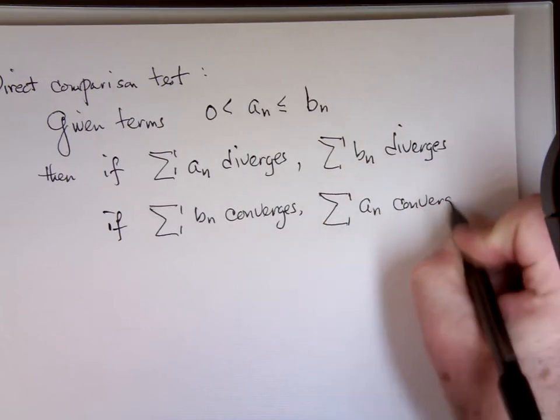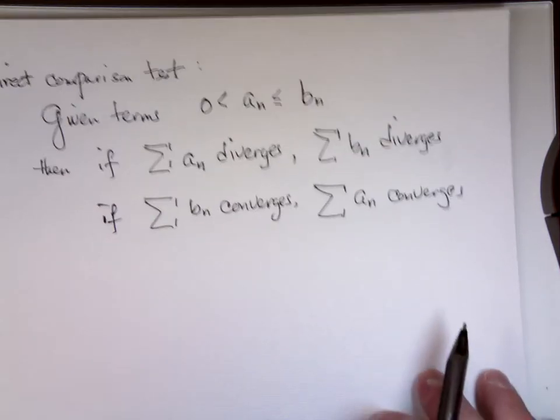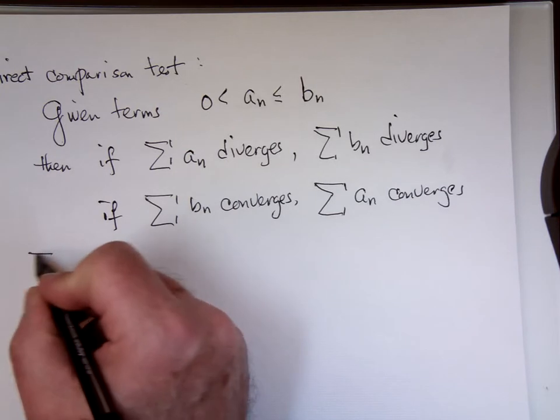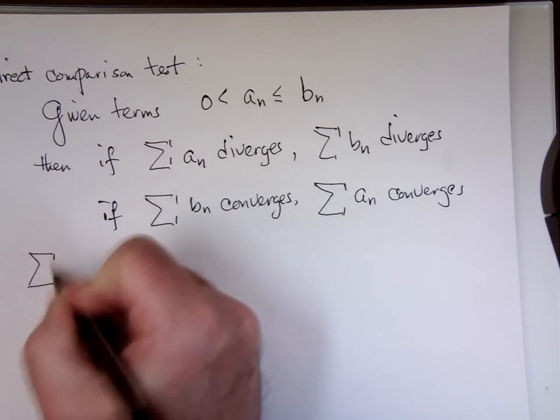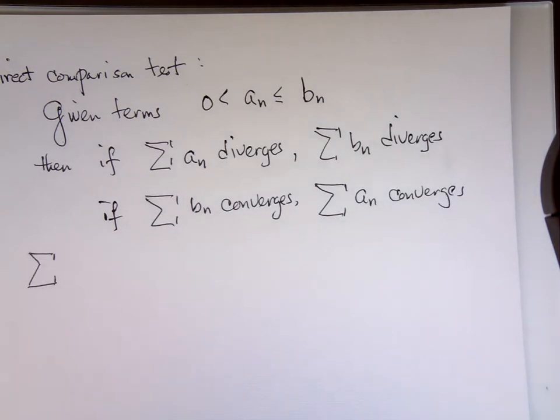Okay? How's that? This is a direct comparison test. You are comparing these two series directly with each other. So what I'm saying is that they move along the same.